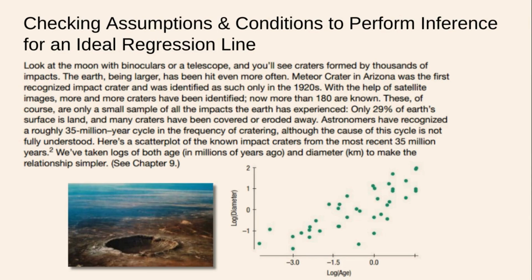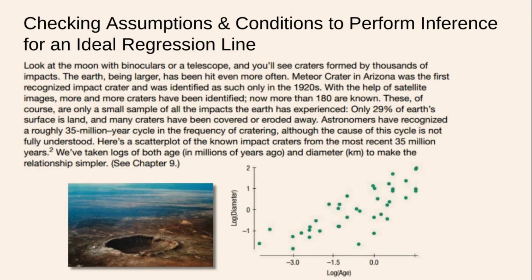These, of course, are only a small sample of all the impacts the Earth has experienced. Only 29% of Earth's surface is land, and many craters have been covered or eroded away. Astronomers have recognized a roughly 35 million year cycle in the frequency of cratering, although the cause of this cycle is not fully understood.